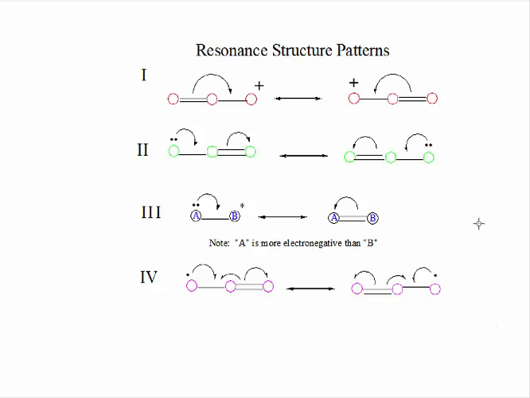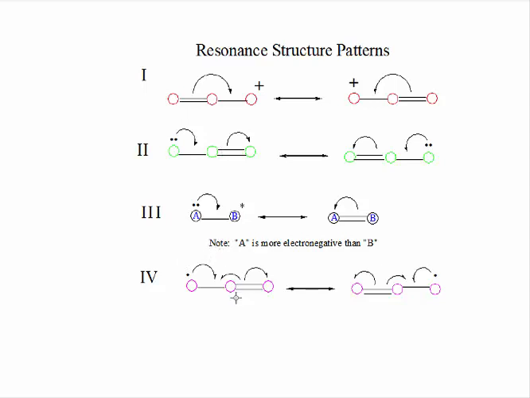This is the PowerPoint slides where we introduced the idea of resonance structure patterns last semester. If you recall, there were 4 patterns, and we said we're just going to focus on number 1, 2, and 3. The number 4 we called attention to, and we said we would come back to that later. Well, now's the time to come back to it.